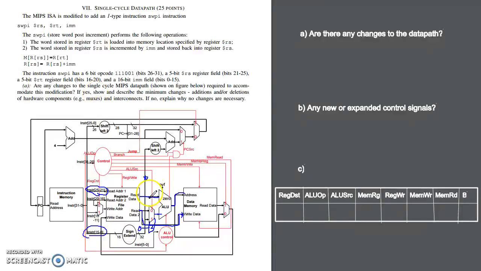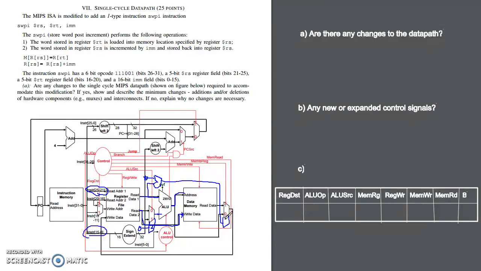So we can just take RS over here, take our immediate value, and then I'm doing my best to draw an adder, but this here is an adder. And then we take this added value of RS plus the immediate, and add it into this mux.